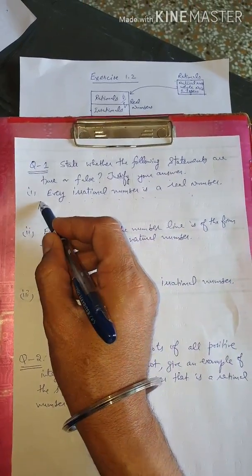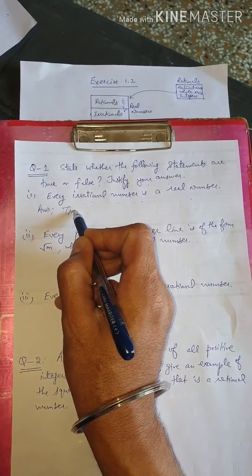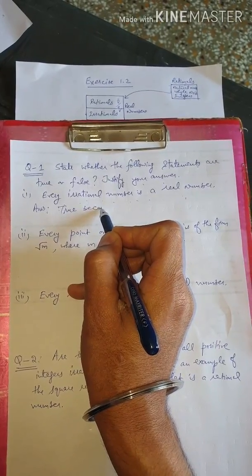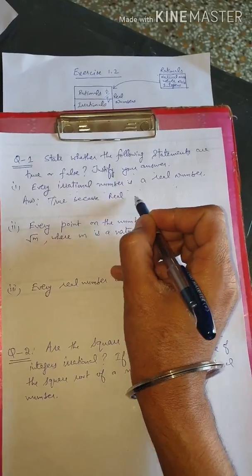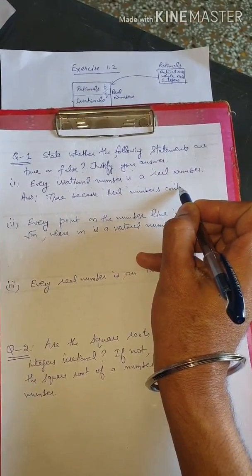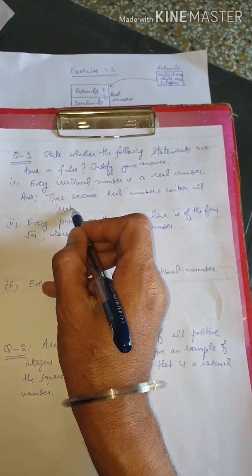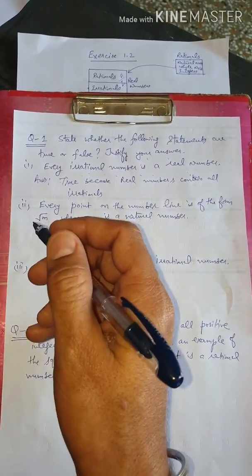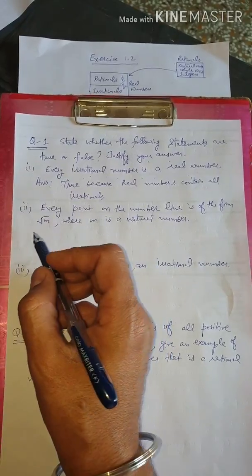So is its answer true or false? It is true, because real numbers contain all irrationals, or they are a collection of rationals and irrationals. You can give the answer that way also.